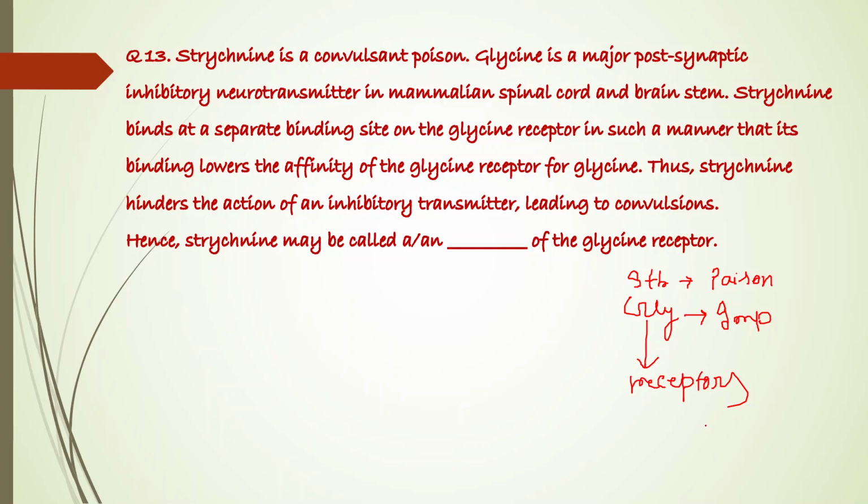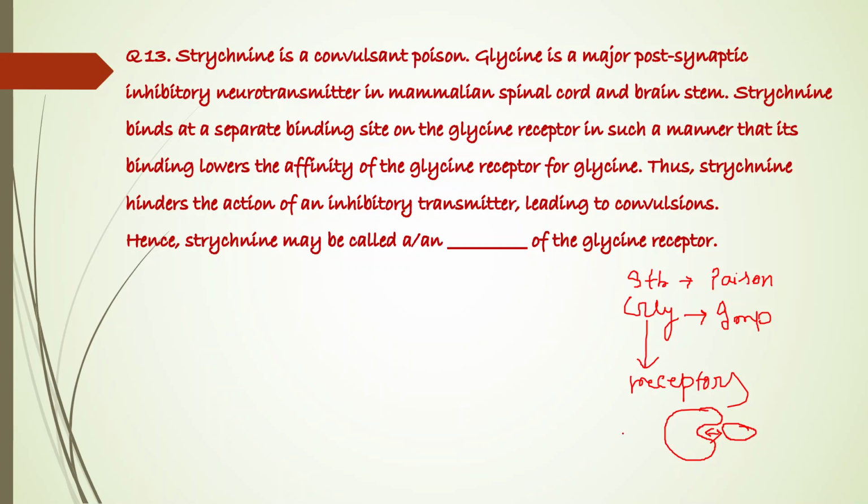So suppose our receptor looks something like this, and this is our glycine molecule which fits nicely in the cavity and does its job, whatever it is. But in the question it is saying strychnine, the poison, binds at a separate binding site on the glycine receptor. So it is the glycine receptor, but strychnine binds at a separate binding site.